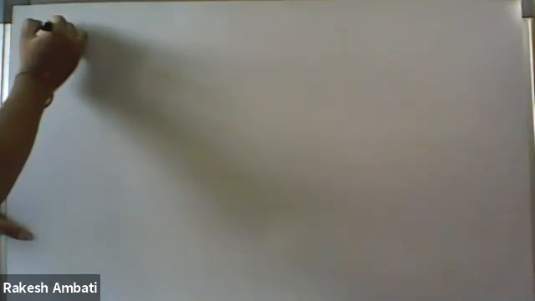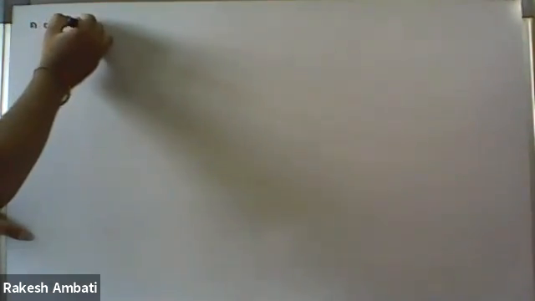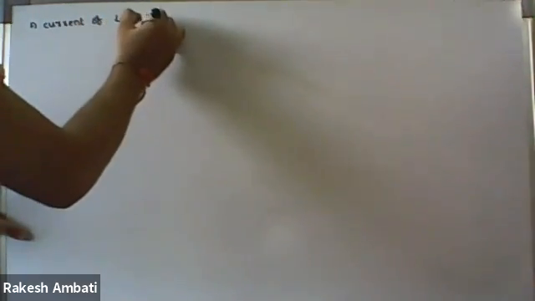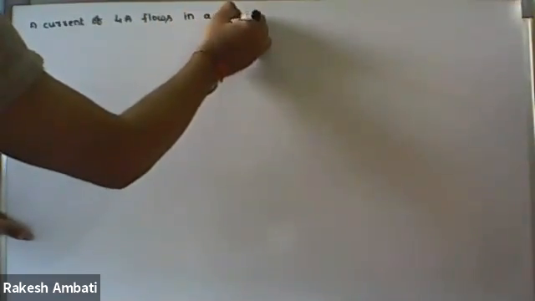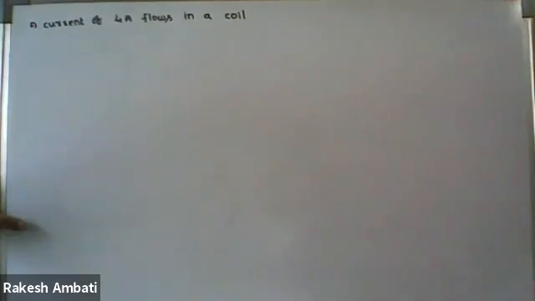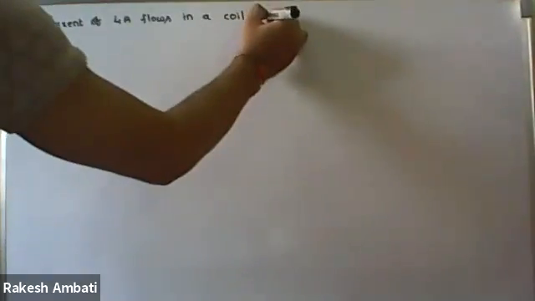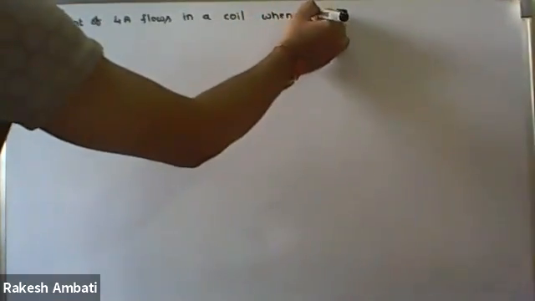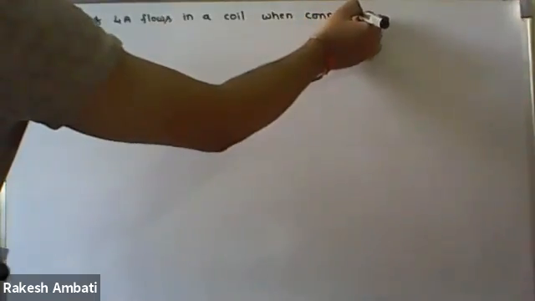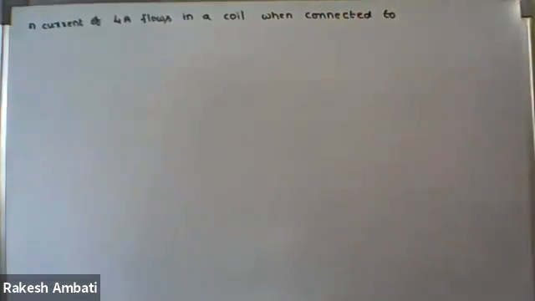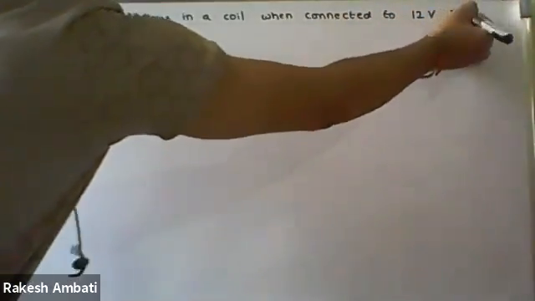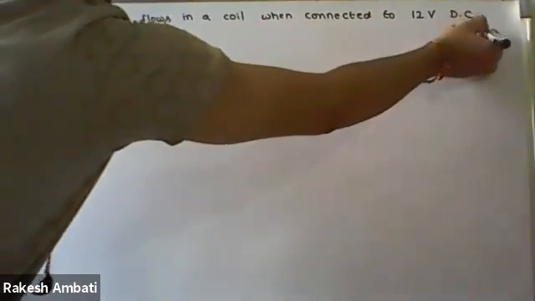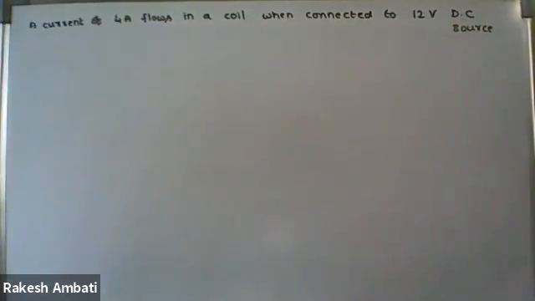A current of 4 ampere flows in a coil when connected to a 12 volt DC source.